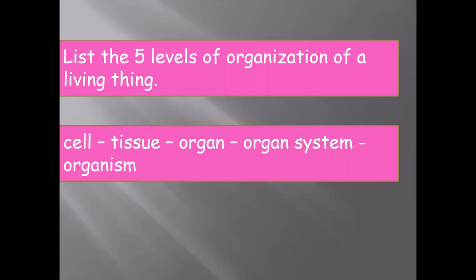A group of different tissues performing a similar function makes an organ. A group of different organs performing a common function makes an organ system, and a group of different systems having different functions makes an organism or a living thing.